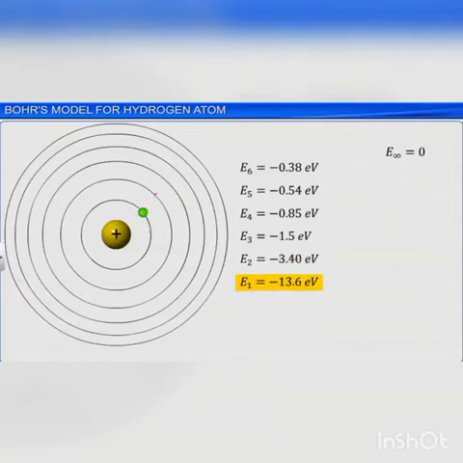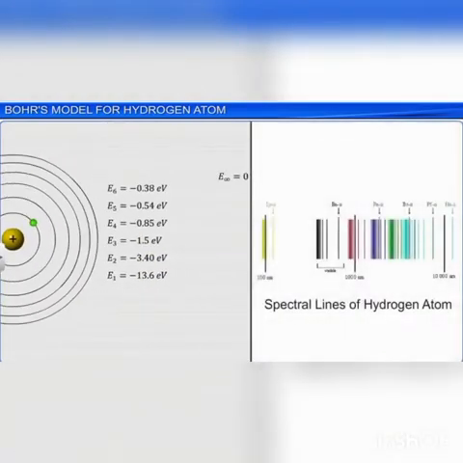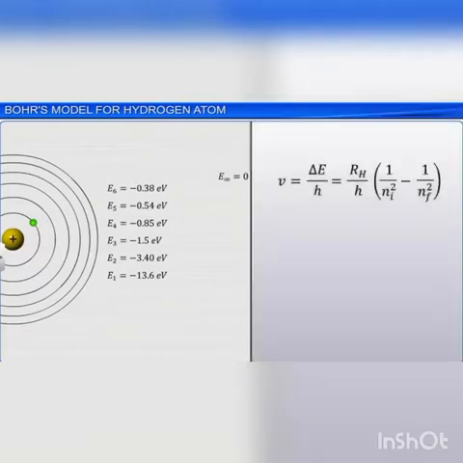Because of the presence of multiple hydrogen atoms, a large number of spectral lines are observed. The frequency associated with the absorption and emission of the photon can be calculated using the equation delta E divided by h, where h is the Planck's constant.